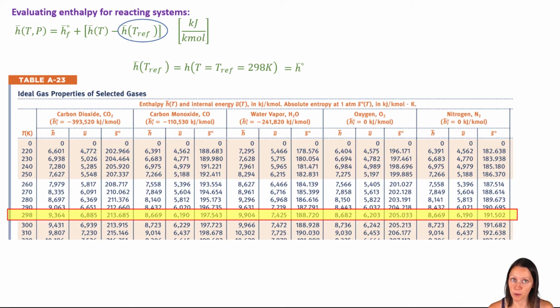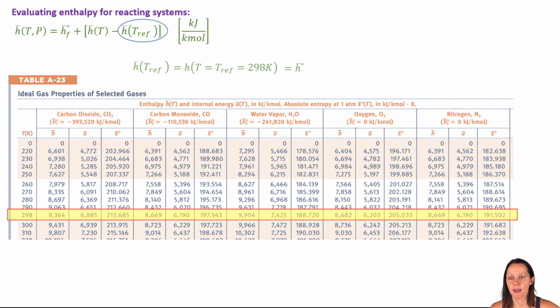Now you remember from the combustion intro, when we get our balanced equation, your products typically have carbon dioxide, water, and nitrogen. Sometimes if you've got excess oxygen, you've got oxygen there. So all 4 of those things are found in A23, conveniently enough, or A23E if you're in English units. So I'm looking at 298, and I can pull off, say, the H bar value for carbon dioxide at 298. It's 9,364 kilojoules per kilomole.